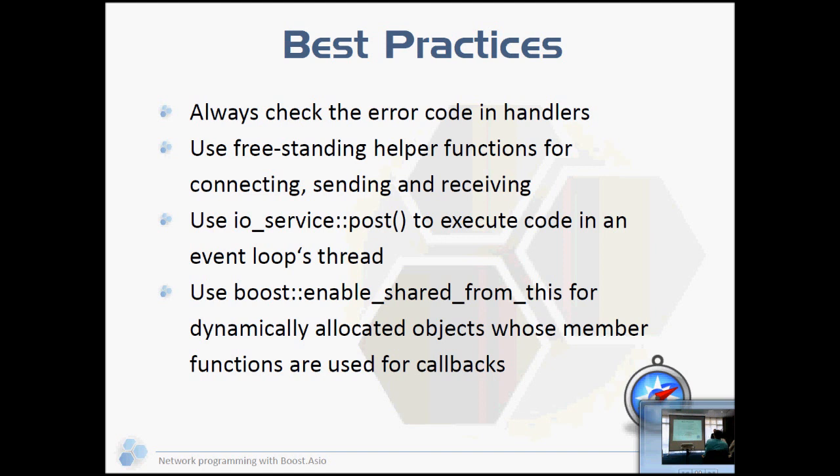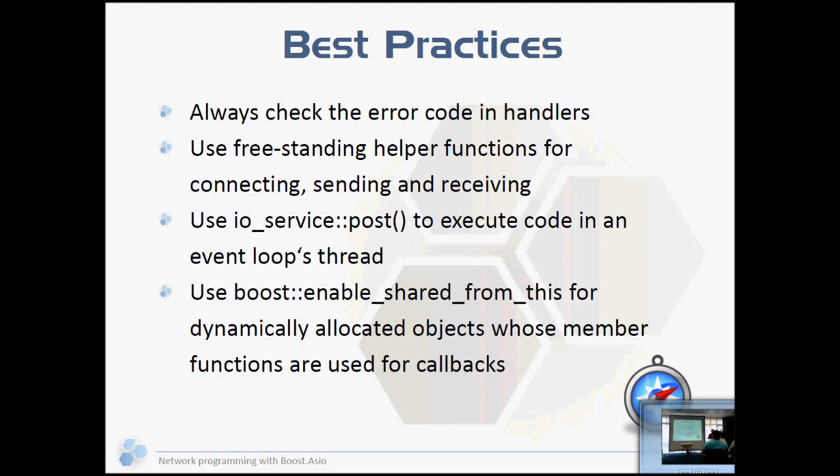There's something else which is very important. It comes back to the question somebody asked before about how you manage the lifetime of your buffers. Imagine you have an object and you initiated a couple of asynchronous operations and you use member functions of that object as handlers. And now something goes wrong in one of these asynchronous operations, and the handler says, okay, I don't need that object anymore, I'm going to destroy it.